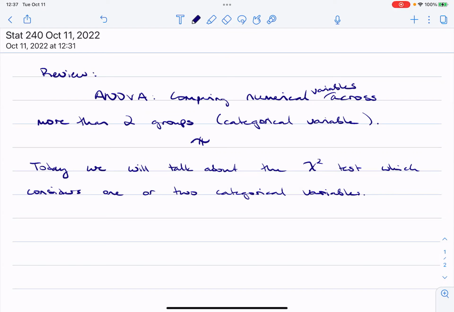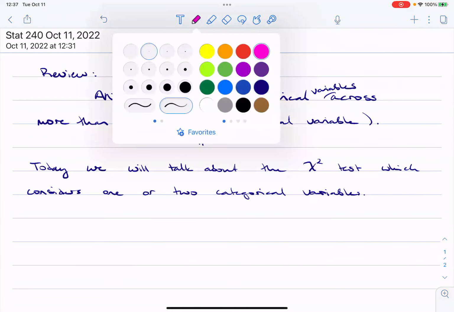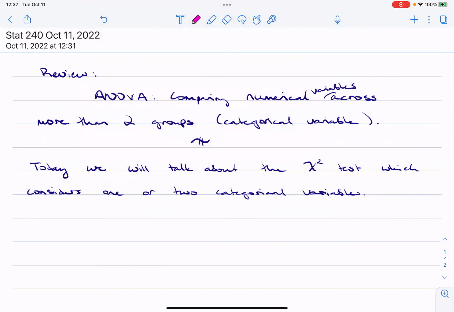Before I get too far, I'll put it up here so that when someone opens these notes later, there's a reminder that test number 1 is on Tuesday next week.